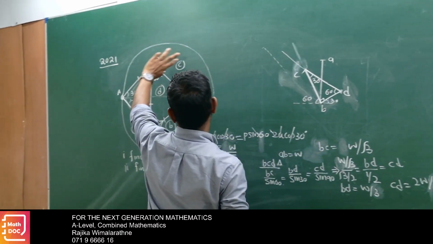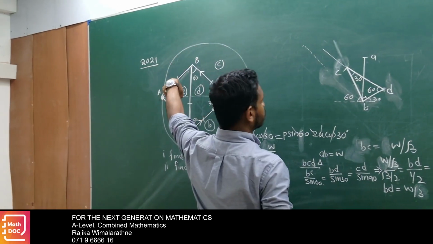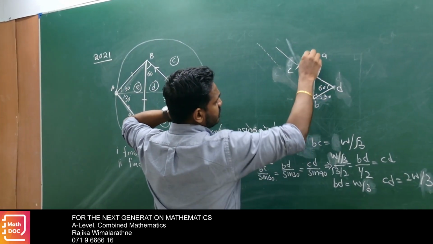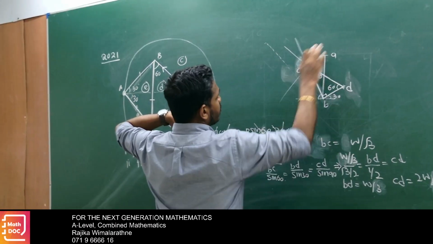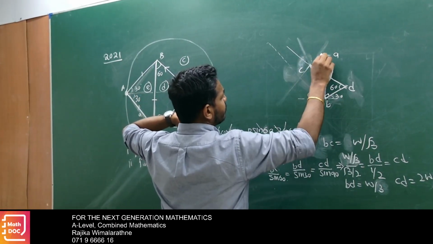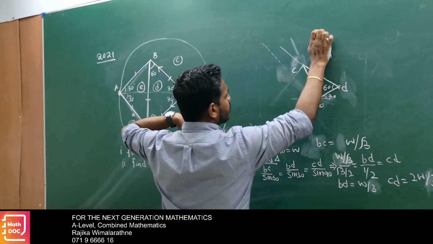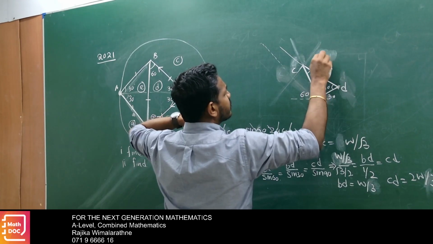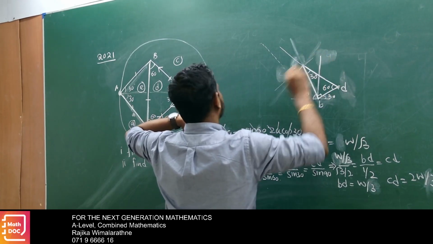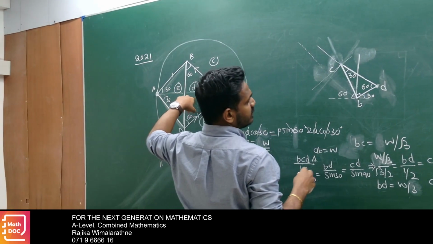Then go to here, CE to the horizontal 30. ED vertical.